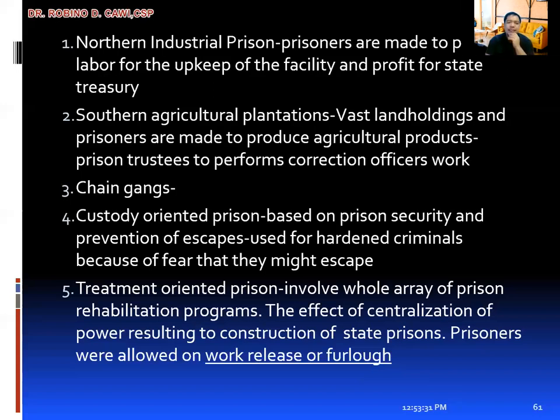Now, under the Northern Industrial Prison, there were three methods that were adopted. The first one is the so-called contract system. Under the contract system, prisoners were hired by businessmen or corporations for a set fee per day. So under this contract system, the inmates are transferred from the prison to the industrial complex, and when they are there, they will be required to perform labor depending on the line of business of the businessman hiring them.